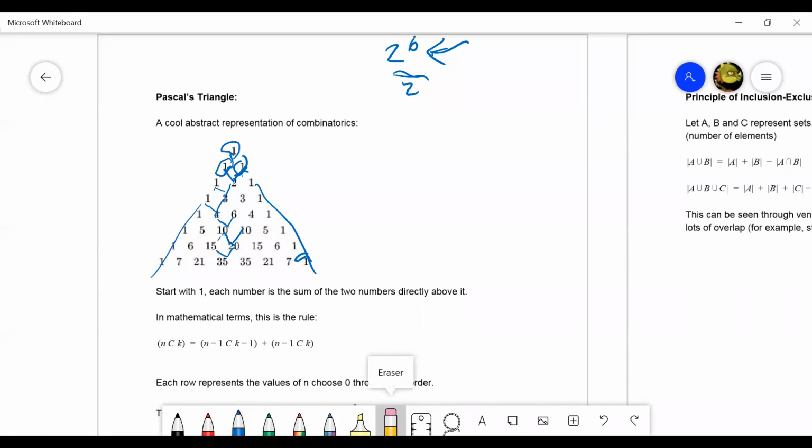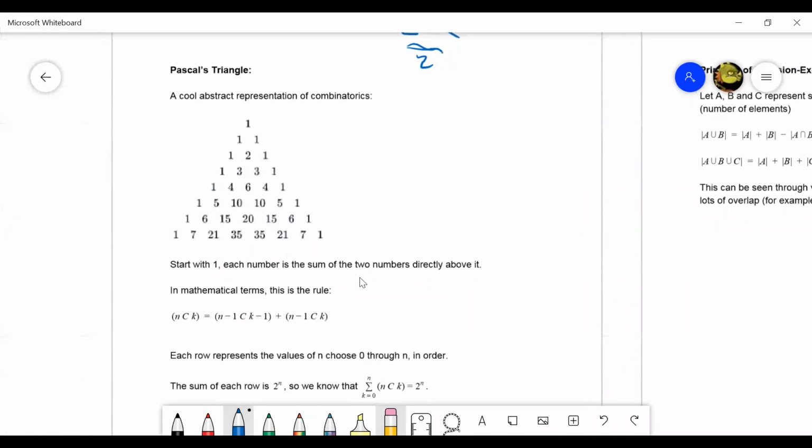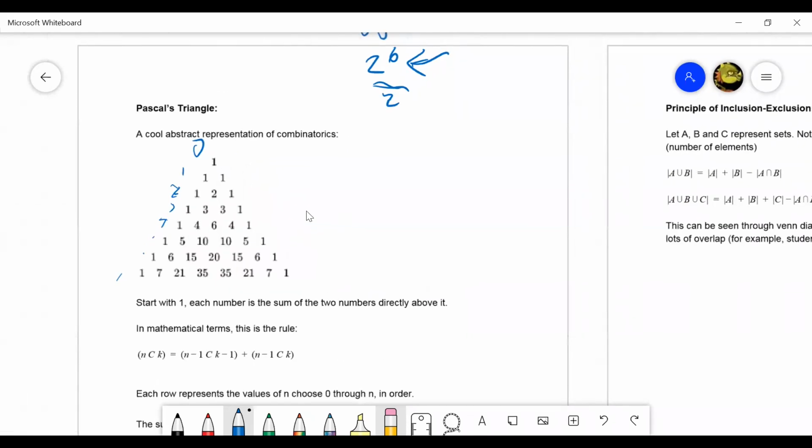And the cool part about it is that each row here corresponds to a unique n, so let's just call these rows 0, 1, 2, 3, 4, right? For each row, the numbers are going to be in order, like if the row is n choose 0, n choose 1, n choose 2, all the way to n choose n.